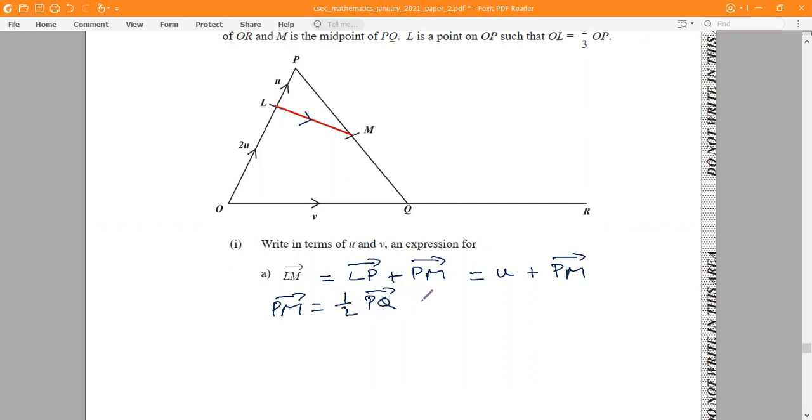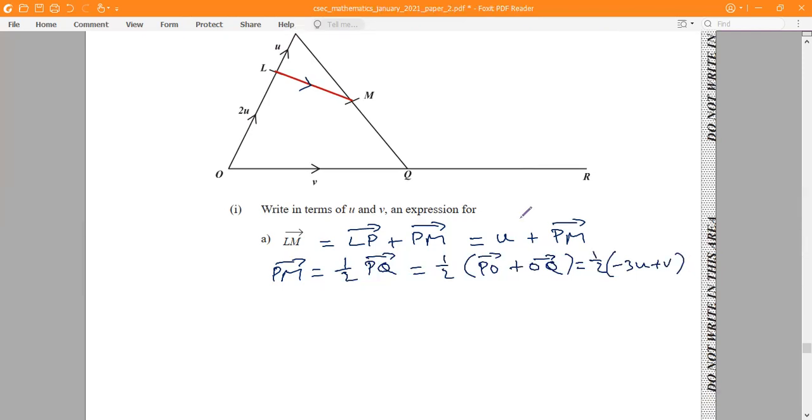That vector is equal to 1/2 times PQ, and PQ is PO plus OQ. Going from P to O, the magnitude from O to P is 2U plus U, 3U. So in the opposite direction it will be negative 3U plus positive V. So this is PM, 1/2 of negative 3U plus V.